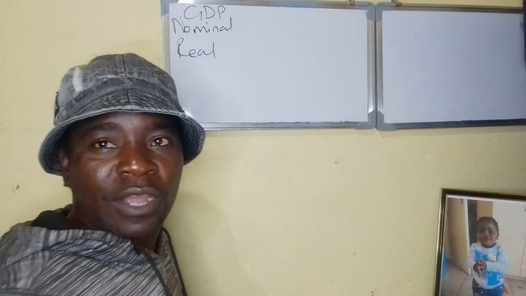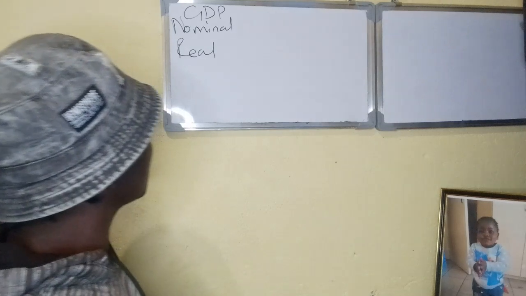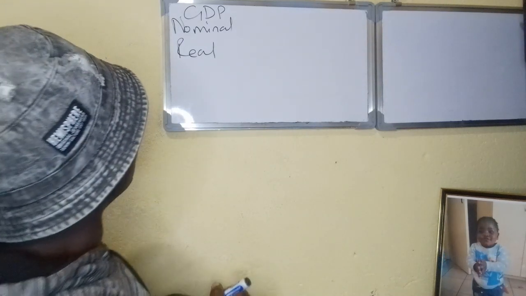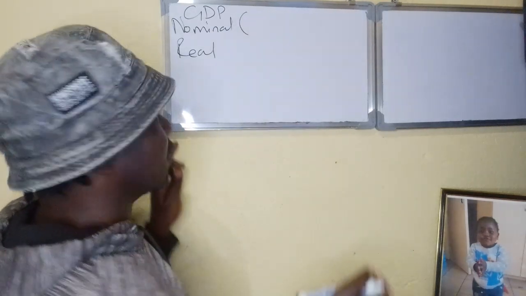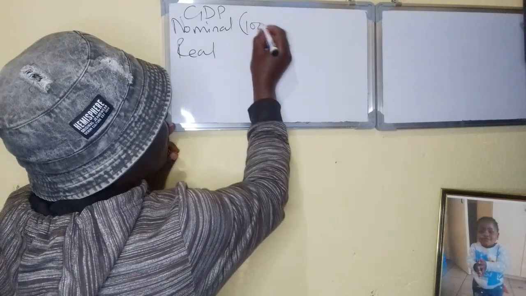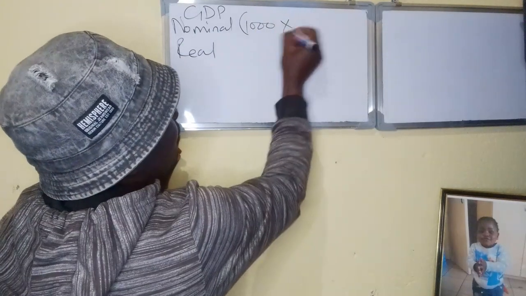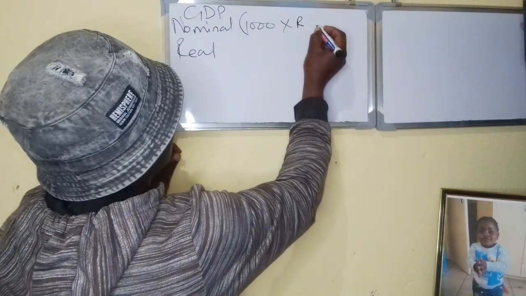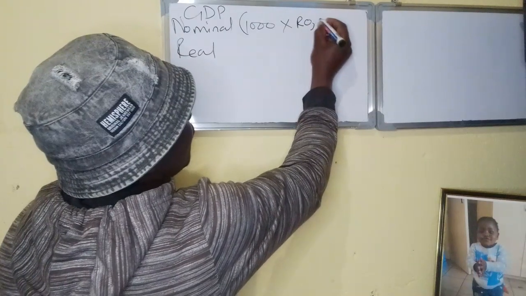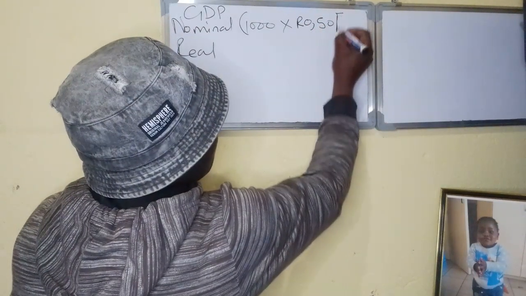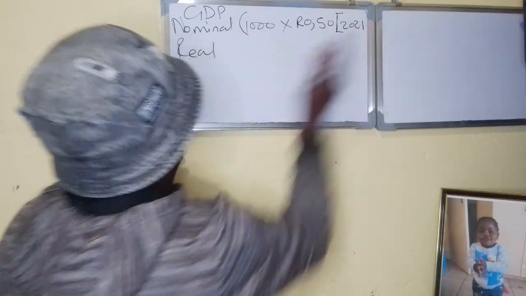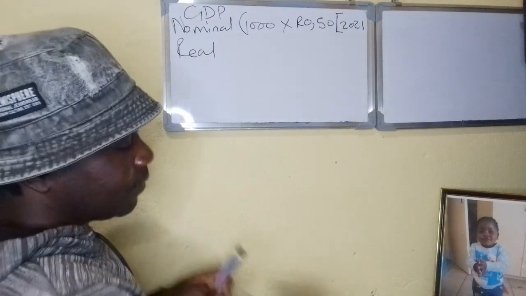And then I'm going to show you how to calculate the change in GDP from one year to another. Okay? First of all, let's calculate nominal GDP. We're going to make a simple example. Let's say a country produced one product. Let's say it produced 1,000 bananas times 50 cents in 2021.